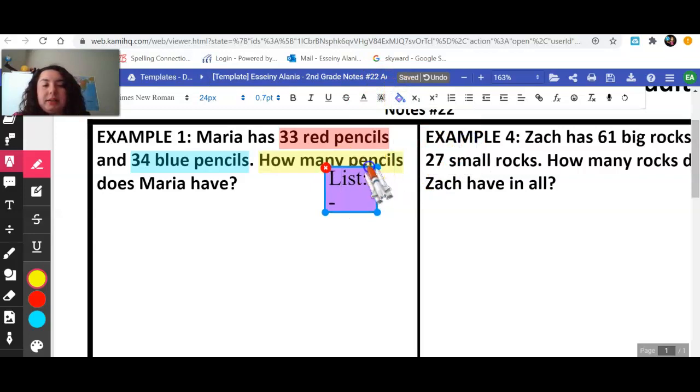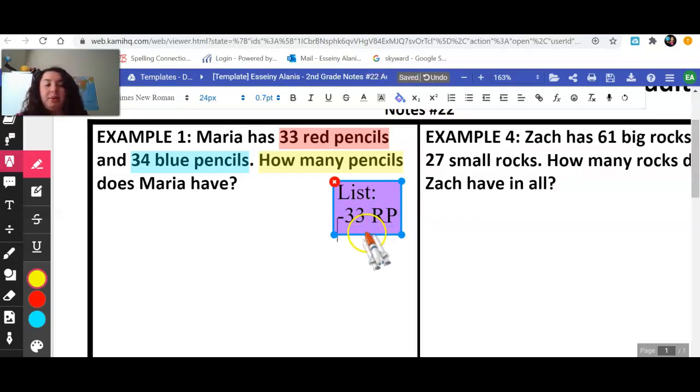I'm going to go to my list and I'm going to fill in the important information that I highlighted. 33 RP for red pencils, because you don't have to write the whole thing down. It's called abbreviating by putting the letters. And she has 34 BP for blue pencils.